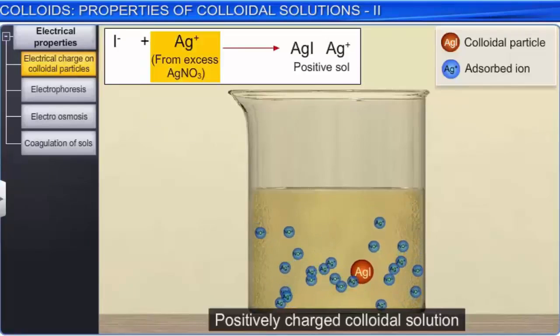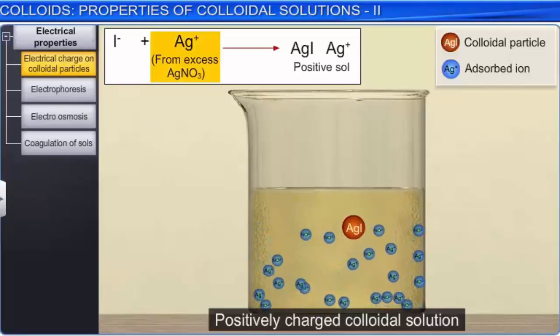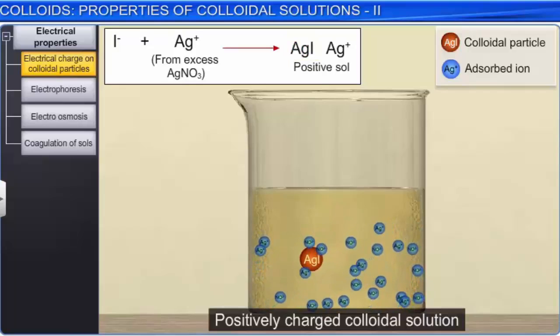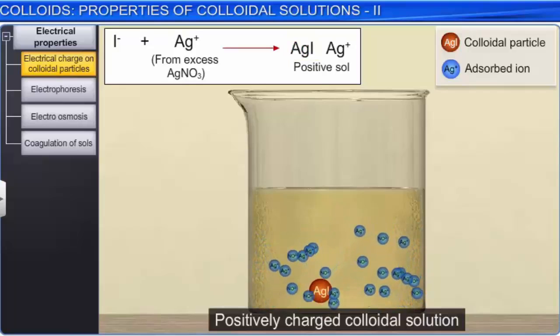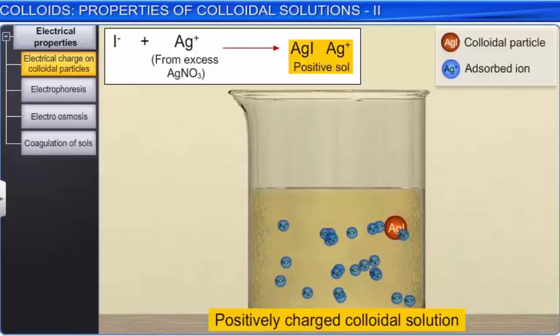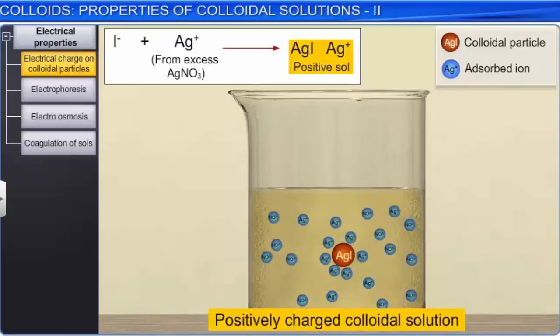However, if an excess of silver nitrate is used for the precipitation of silver iodide, preferential adsorption of silver ions takes place, resulting in the formation of a positively charged colloidal solution.